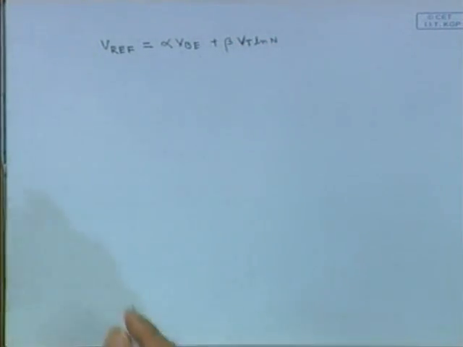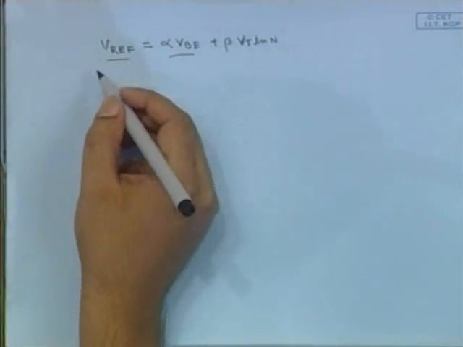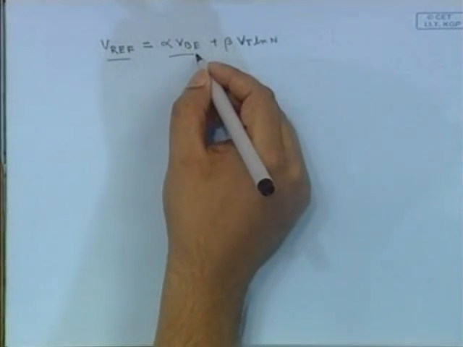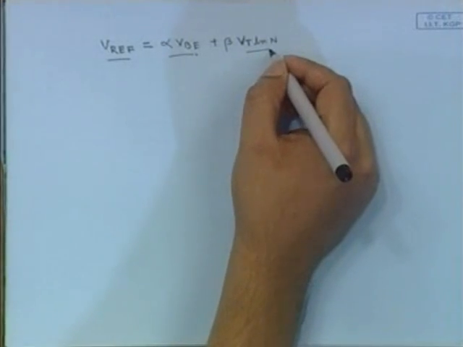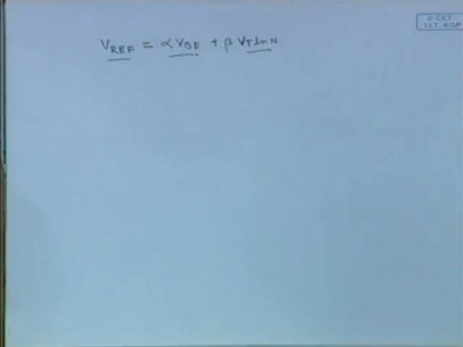Then if you take the variation of Vref with respect to the variation of VBE and Vt ln n with temperature at a particular nominal temperature, these two terms will sum up and give 0. So you can say this reference voltage becomes temperature independent. How will you make this reference voltage independent of temperature?